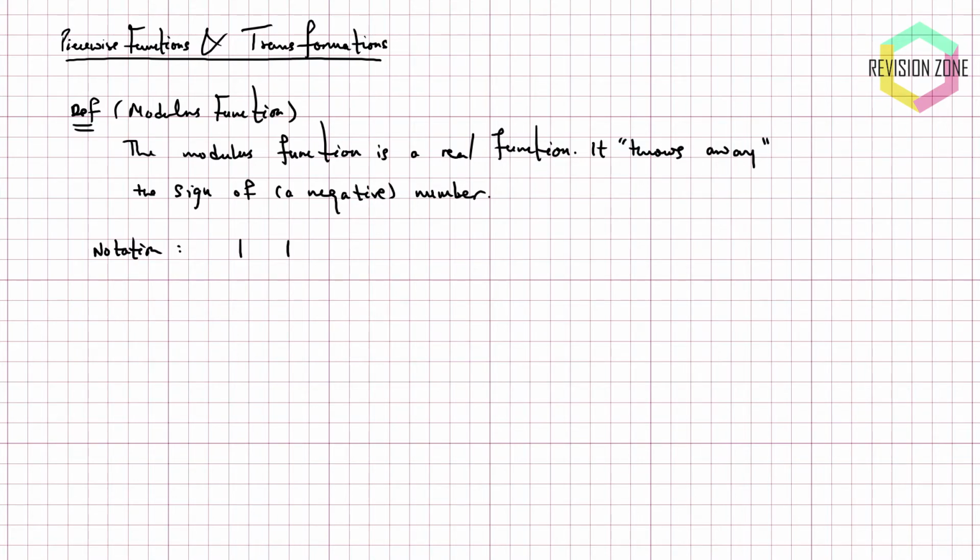So we might have something like -2, and if -2 is put into our function, then the function is just going to throw away the negative, so it's just going to give me +2.